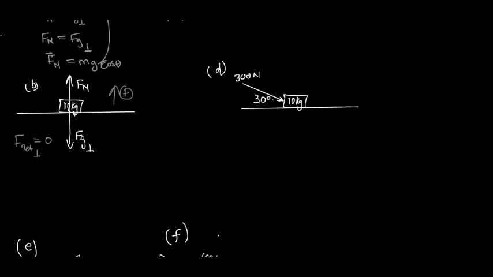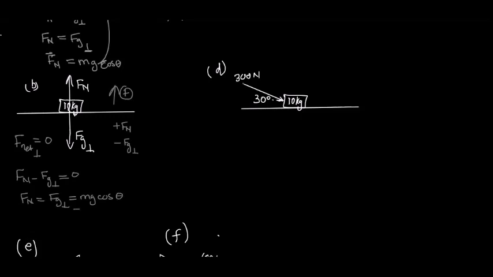We check all the forces involved that are perpendicular. If we chose up as positive, we have a positive normal force and a negative perpendicular component of the gravitational force, and this results in Fn minus Fg perpendicular equals 0. Moving it to the other side, the normal force equals Fg perpendicular, which is basically mg cos of the angle.